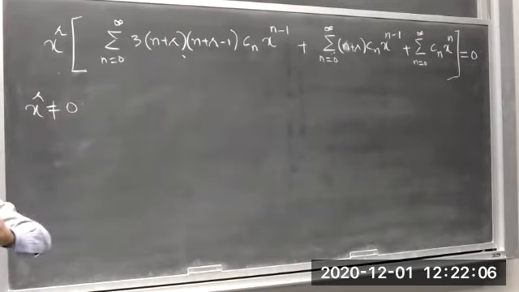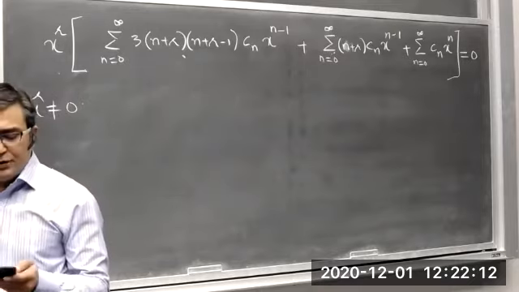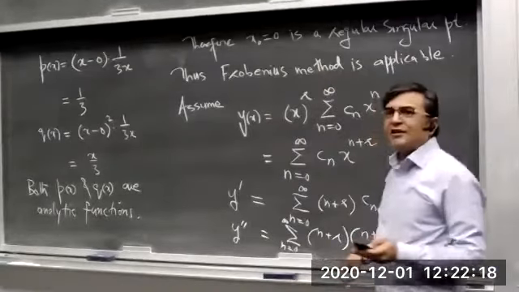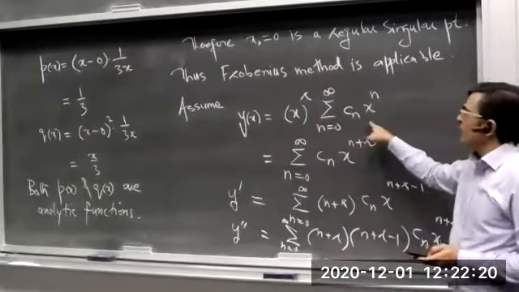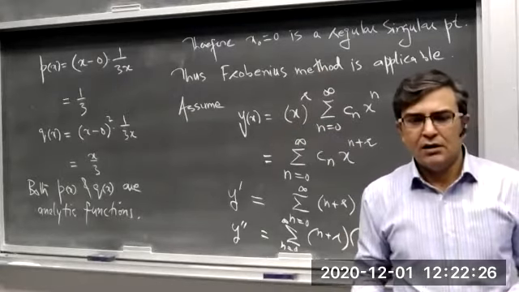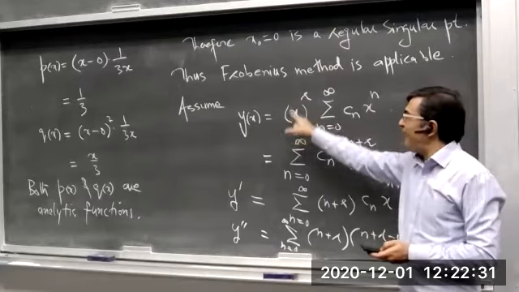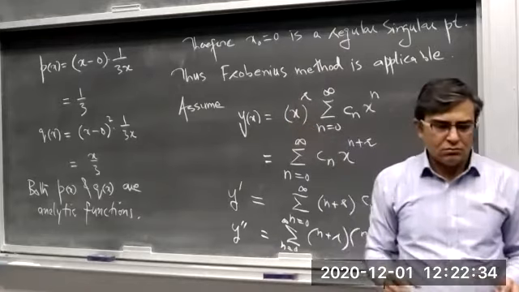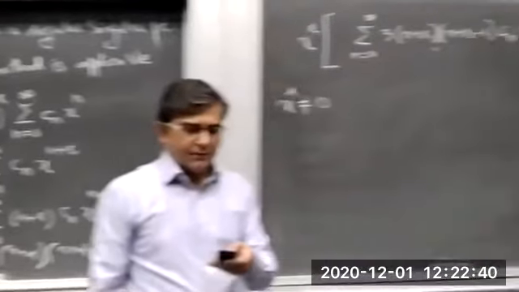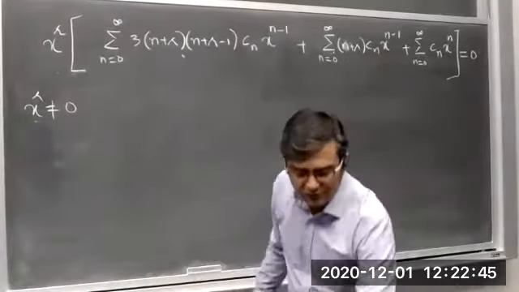If x power r is 0, then the initial series which we have assumed here will become 0, and it gives us a trivial solution. We are not interested in trivial solutions. So we assume that this factor x power r is never 0. I hope you get it. If you have any question, you can ask me. That's why we assume here that x power r is not equal to 0.